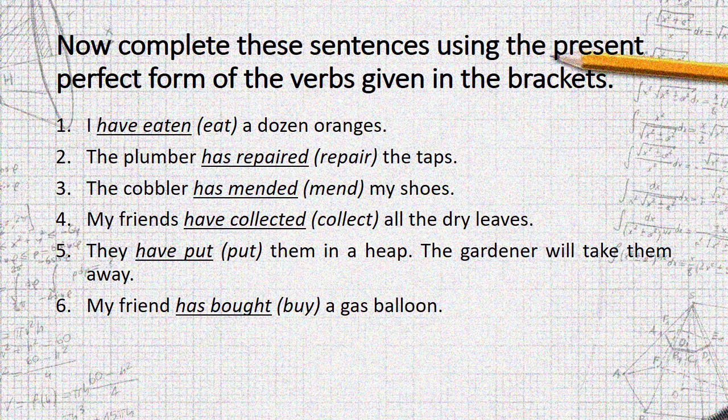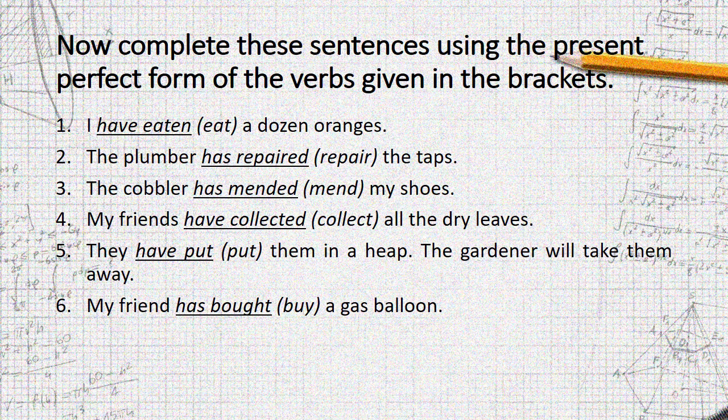Now complete these sentences using the present perfect form of the verbs given in the brackets. Present perfect form. Now, if we see, we are talking about present and present perfect. So what is the difference between present tense and present perfect? I am eating is present continuous.